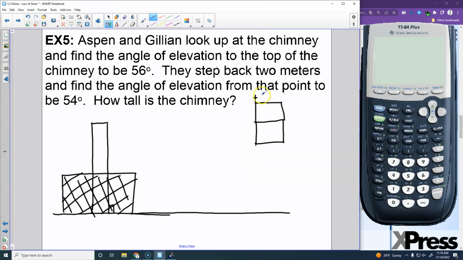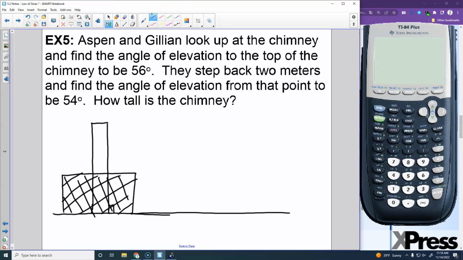The steeple is usually offset back here somewhere, right? So you can't measure to the base, it's not a right angle. Or if you're measuring anything where the ground is not level, that's going to be an issue. So you're going to have to do it differently there.